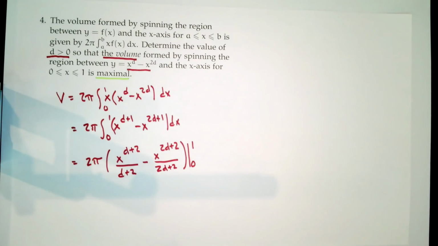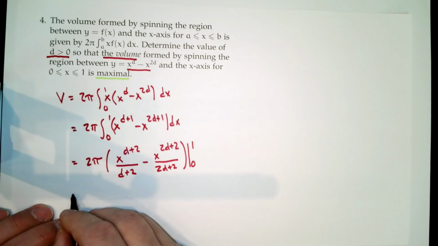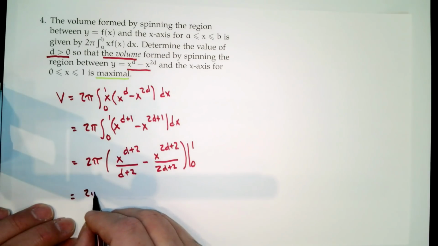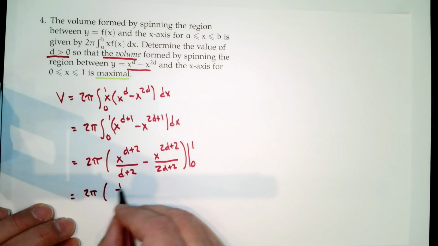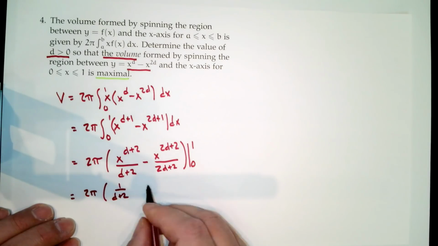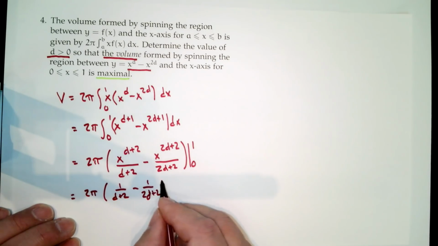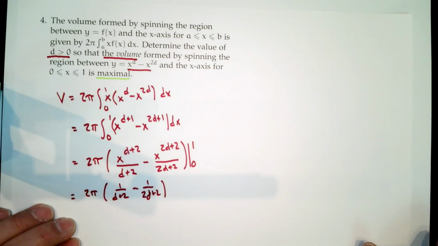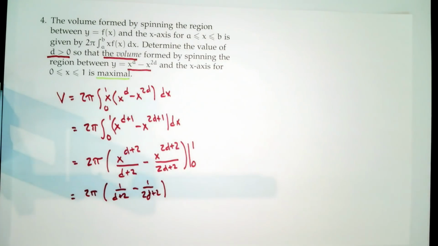It's 1. If you take 1, raise it to any power, you get 1. So what is 1 to the power 2d plus 2? It's also 1. So this becomes 2 pi times 1 over d plus 2 minus 1 over 2d plus 2. Because this is what you get when you plug in 1, and when you plug in 0, it goes away.